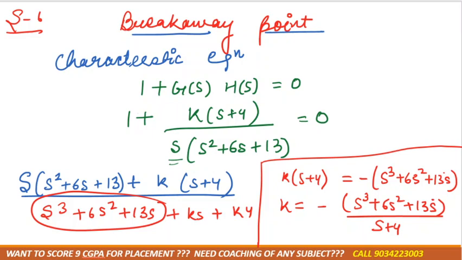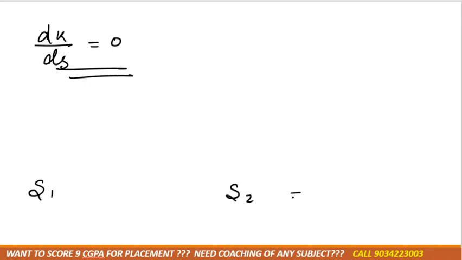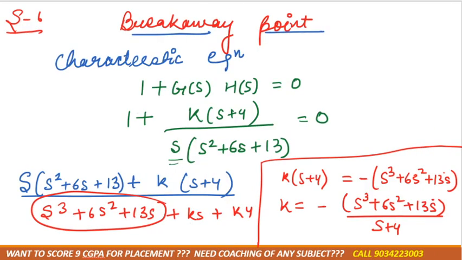Now the next step is we need to differentiate K with respect to s, and that would be equal to 0. So from there we'll get the values of s1 and s2, and that would be the breakaway point where, from the centroid, the locus moves and breaks away and intersects with the imaginary axis. Remember?